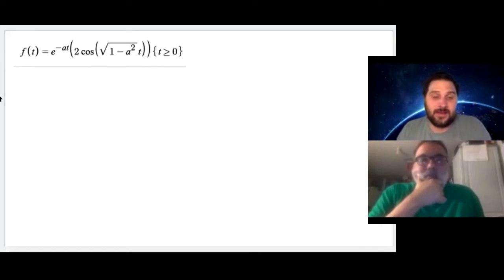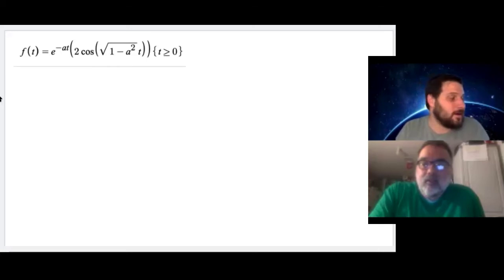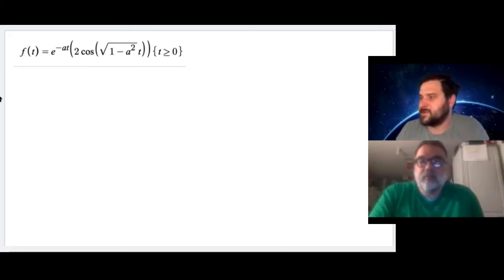Exactly. That's why I had the thought, okay, let's do a damped oscillator, but I couldn't remember all the details from differential equations. So I looked it up on Wikipedia, and I picked one of the explicit solutions to the damped oscillator.